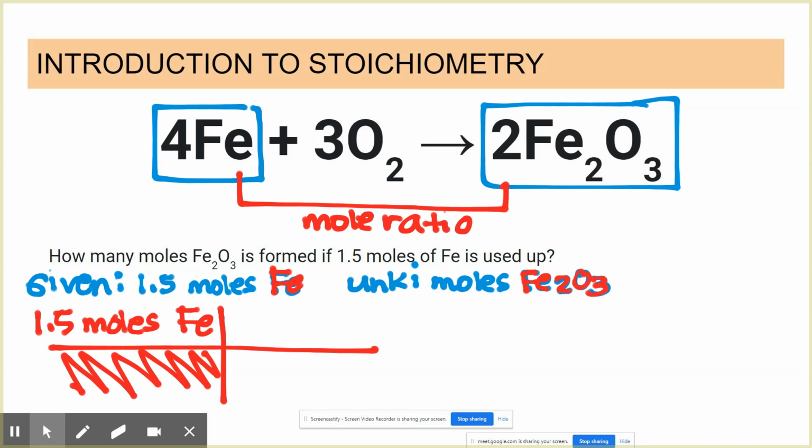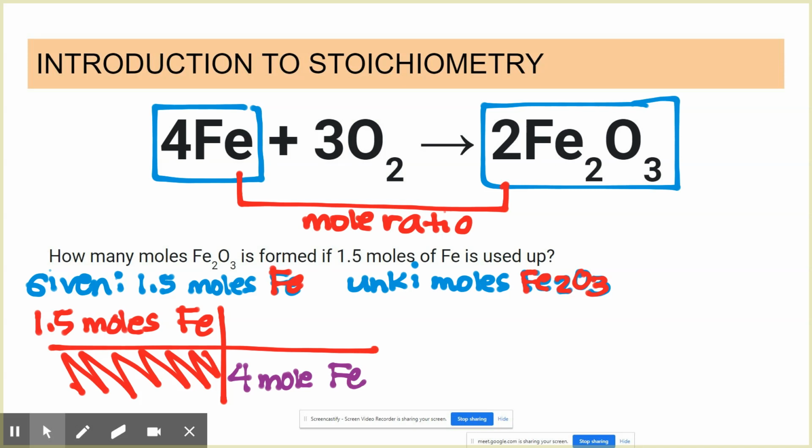So again, who goes on top and who goes at the bottom? It's very simple. Again, remember, boxes across diagonally should have the same unit. Since the given is moles Fe, the bottom here should be moles Fe as well. Right. So look at your mole ratio. Which one is the Fe? It's the 4. So that's 4 moles Fe.